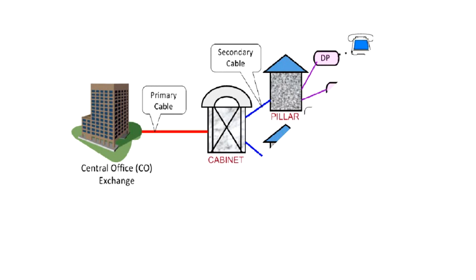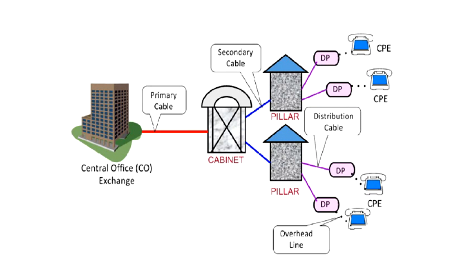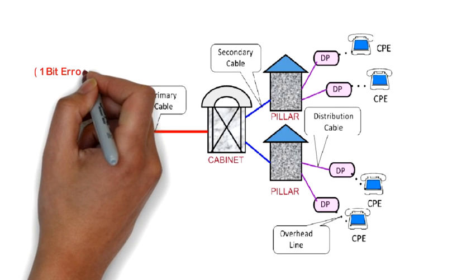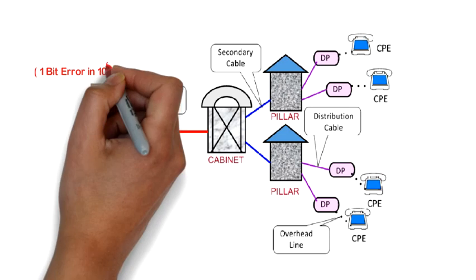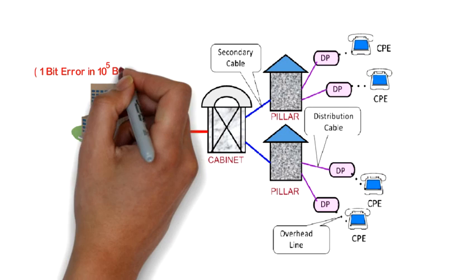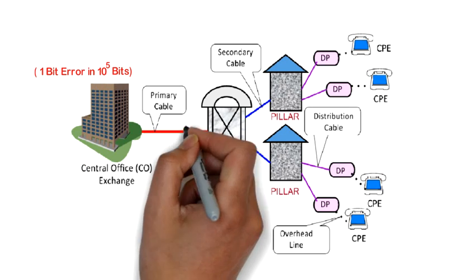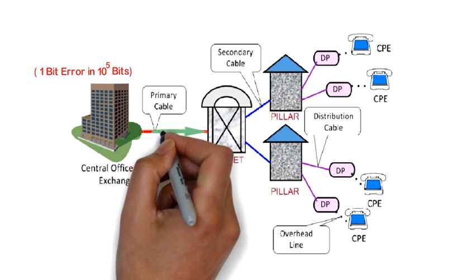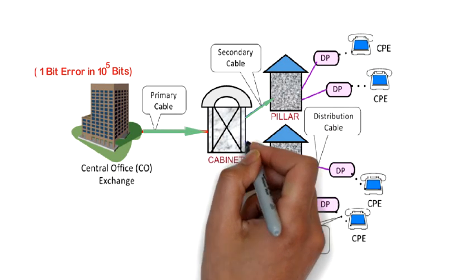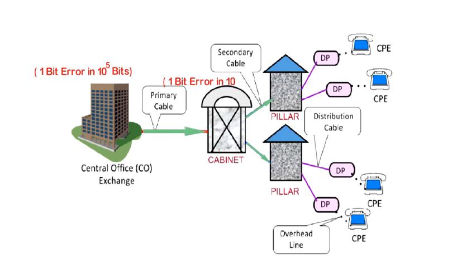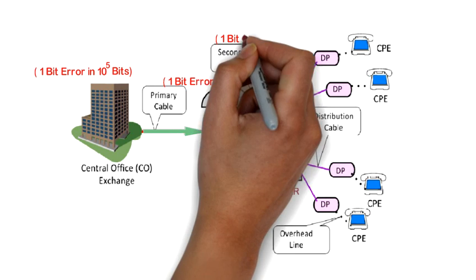Now let's take another situation. Let's say that the performance at CO, that is central office, is reduced, that is 1 in 10 to the power 5. Now, if information or signal moves with this performance towards cabinets and pillars, performance may reduce to 1 in 10 to the power 4 due to different types of losses.